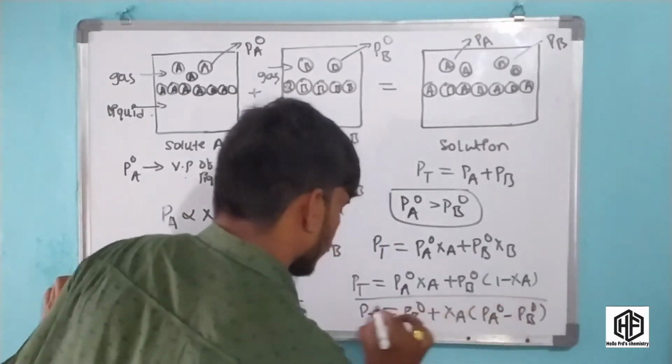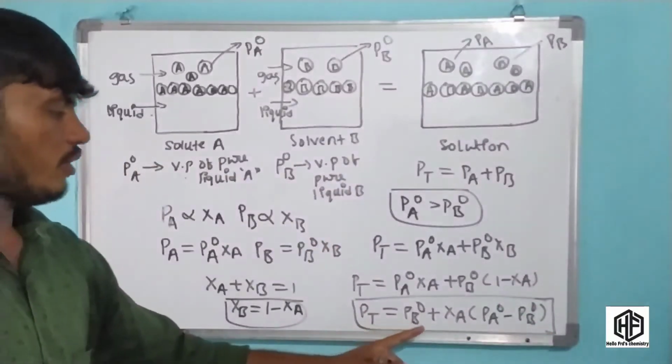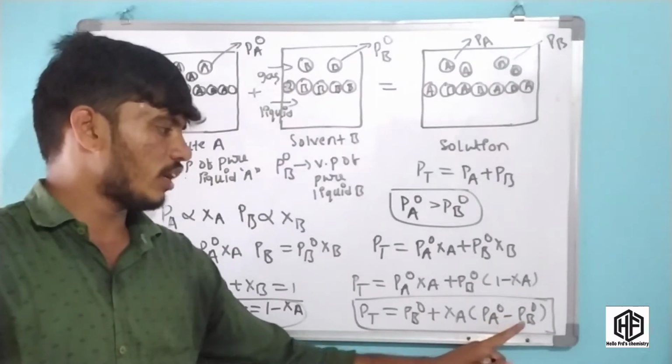The total pressure is equal to PB naught plus zeta A into (PA naught minus PB naught).